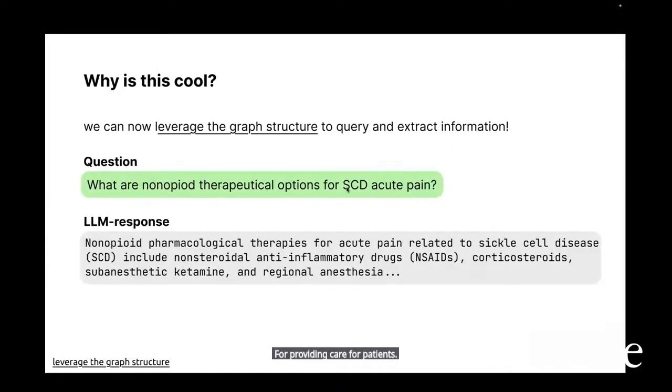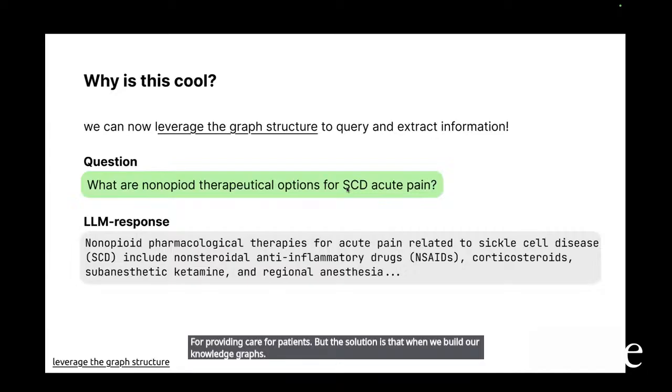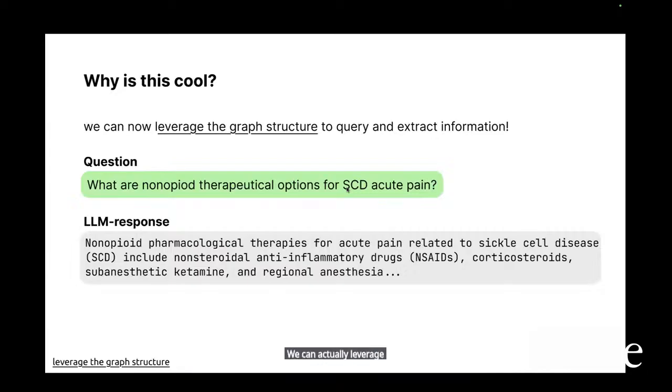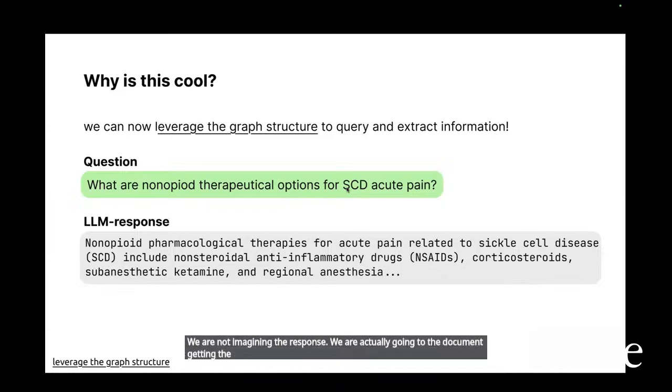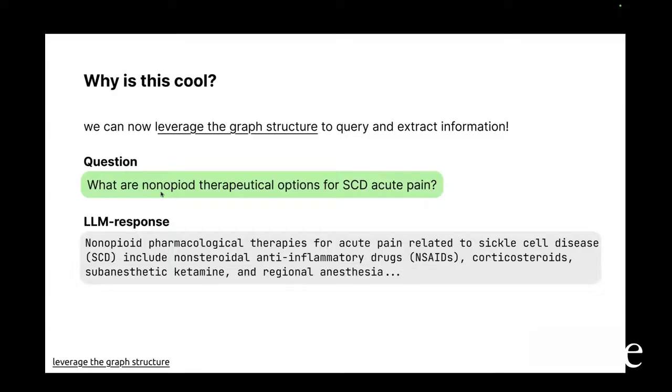But the solution is that when we build our knowledge graphs, we can actually leverage the structure to query and extract information. We are not imagining the response. We are actually going to the document, getting the information from the document that is in the knowledge graph, and generating the response. So I did the same exercise.